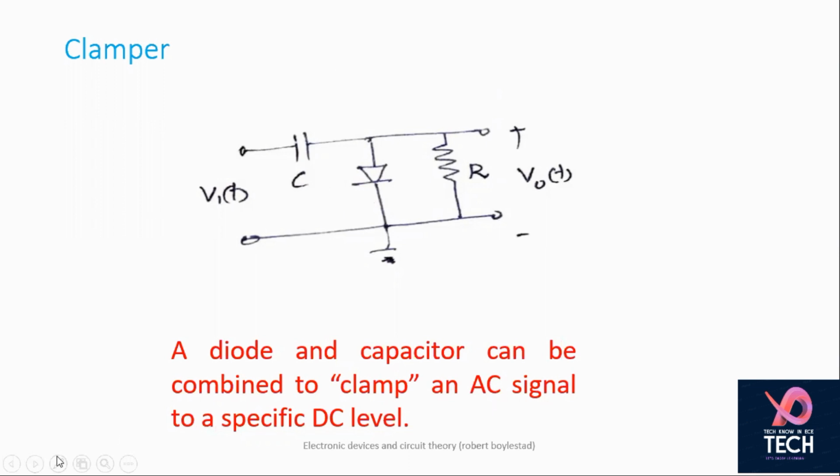Here you can see we have a capacitor, a diode, and a resistance, and we provide input from this terminal and get output across this terminal.